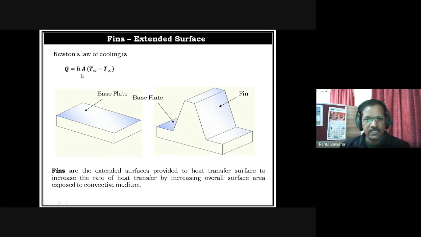If the fluid gets changed, then its h value, the convective coefficient value, will change. So we keep all these identical. We are just increasing the convective surface area by attaching the fins, so we are able to increase the rate of heat transfer.